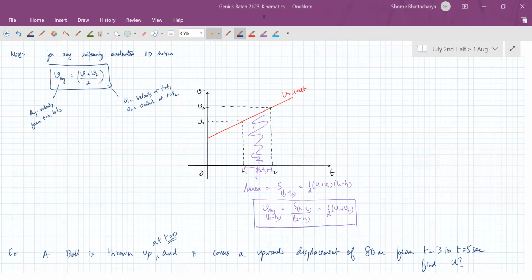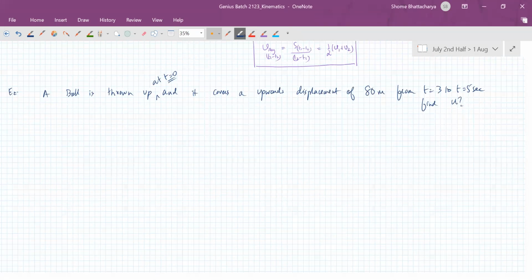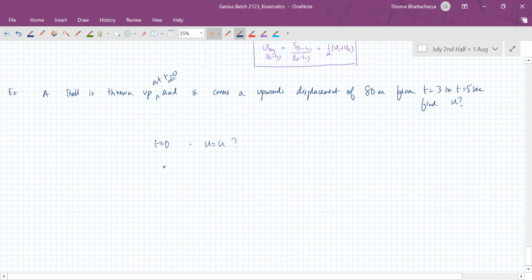Okay, very good. Aparna, Aryan, Prithvi. So first, I'll take you through the normal approach. Let's assume that at t equal to 0, my initial velocity is some u. My displacement after 3 seconds should be 3u minus 5 into 9.